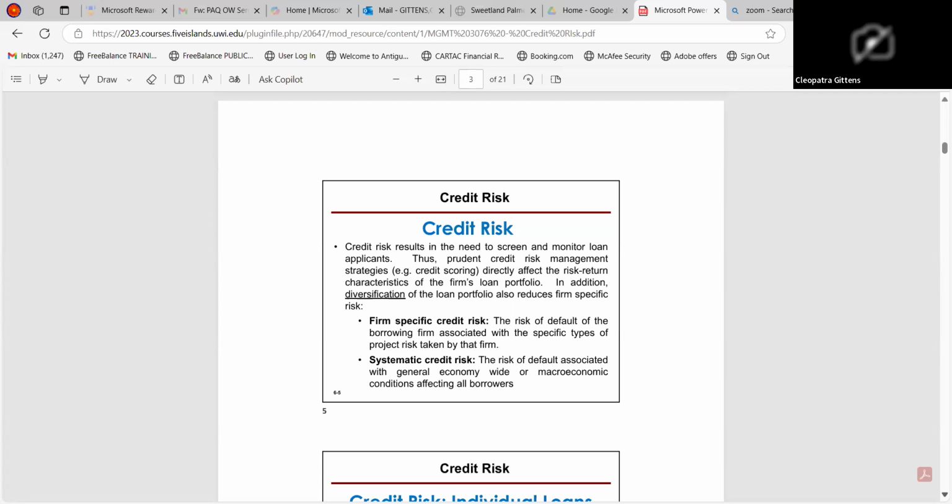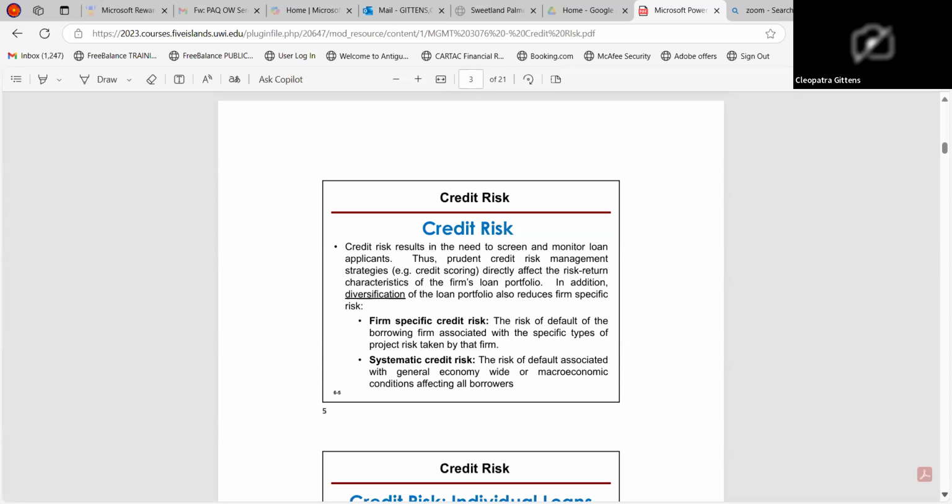And so the financial institution needs to determine what types of applicants they are giving loans to. So they go through a process of analyzing the risk that each client poses. In addition to that, the financial institution would try to diversify its loan portfolio.